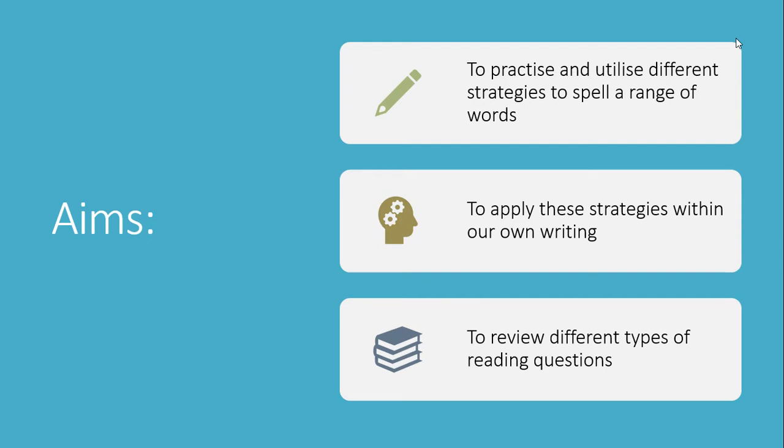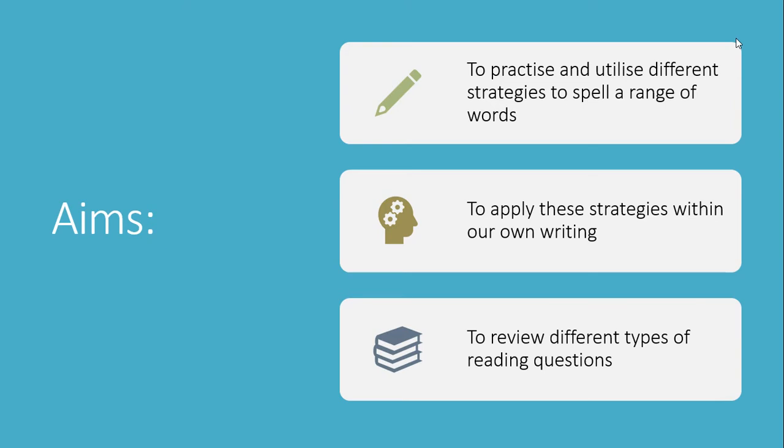So the plan for this week, the things that we are going to cover and focus on. First of all, we're going to talk about different strategies and different tips and hints to help you with your spelling. You have got a writing task to complete as well, and I would like you to apply those spelling strategies when you are doing your piece of writing.